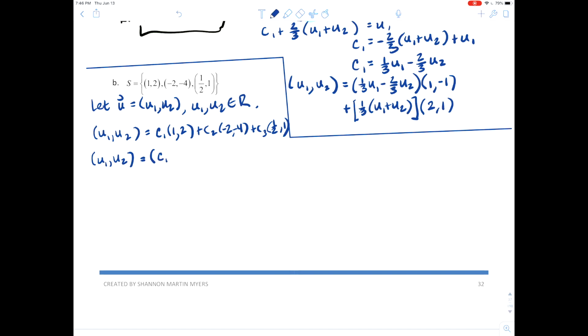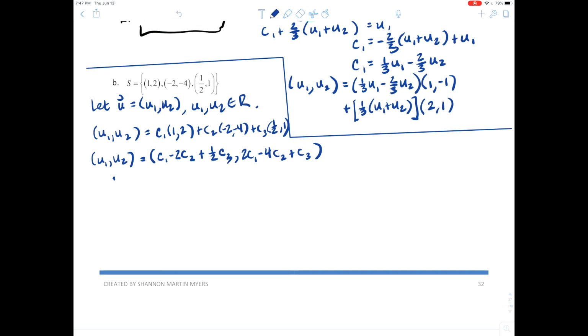We would have 1C1 minus 2C2 plus 1/2 C3 for our first component. And our second component would be 2C1 minus 4C2 plus 1C3. Groovy?